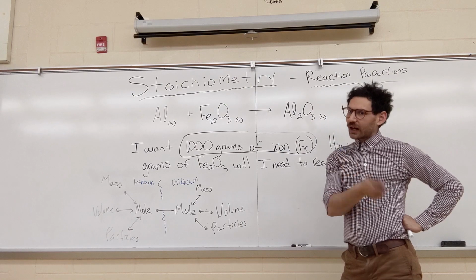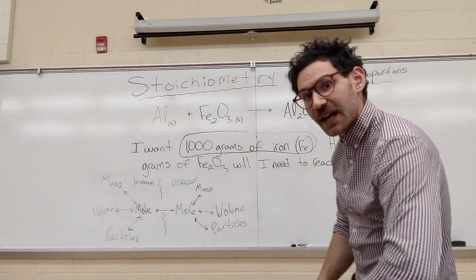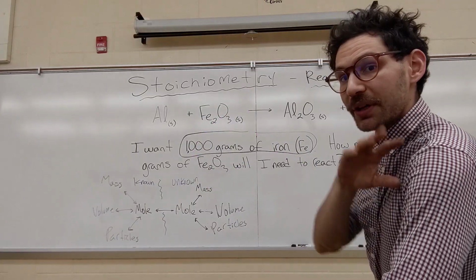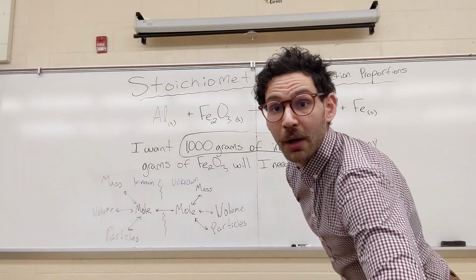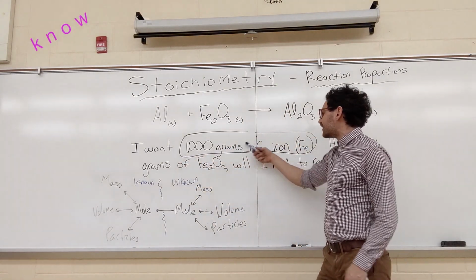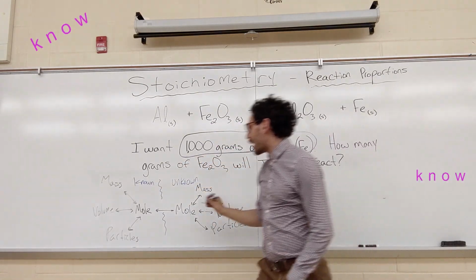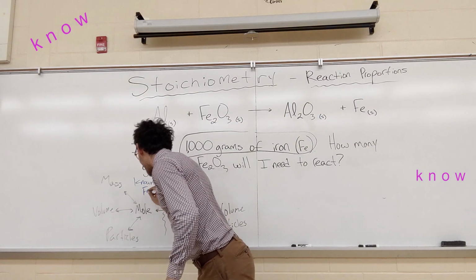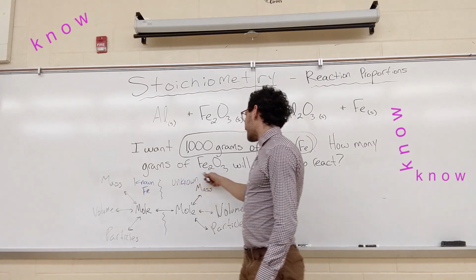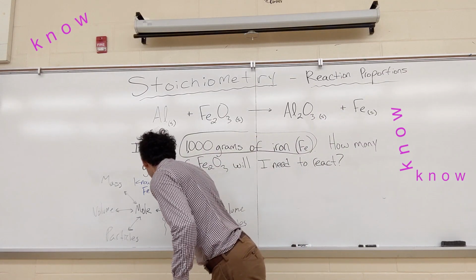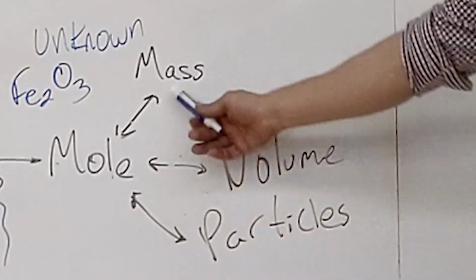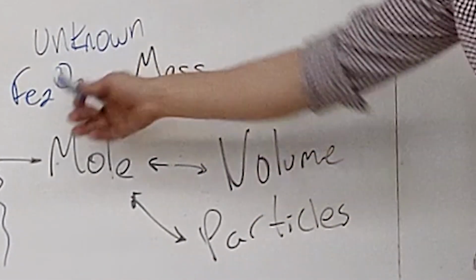What I like to do with these diagrams is label them thoroughly. So I'm going to put additional labels on it to help me out with this problem. My known side, I know that I want this amount of stuff. So my known chemical is iron, Fe. And my unknown chemical, the one that I want to know about, is this iron oxide, Fe2O3. That means if I look at this mass, I'm talking about the mass of Fe2O3.